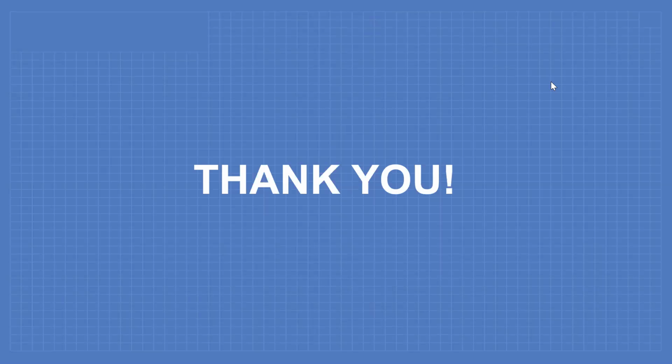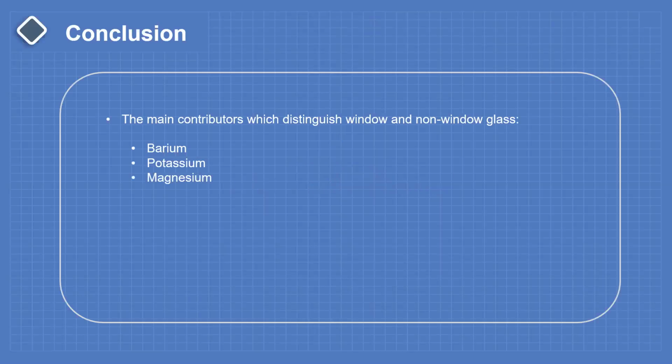So the three factors that you identified were barium, potassium, and magnesium. If you have some kind of scatter plot to support this, that would be good.